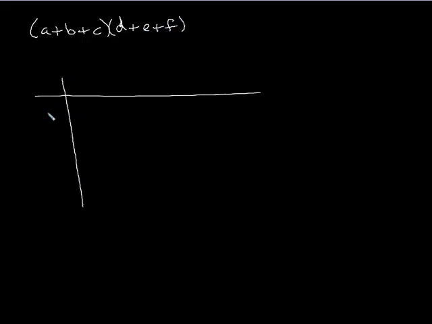If we're using just a table and I have these same two trinomials times each other, with the table I just add extra rows and extra columns.